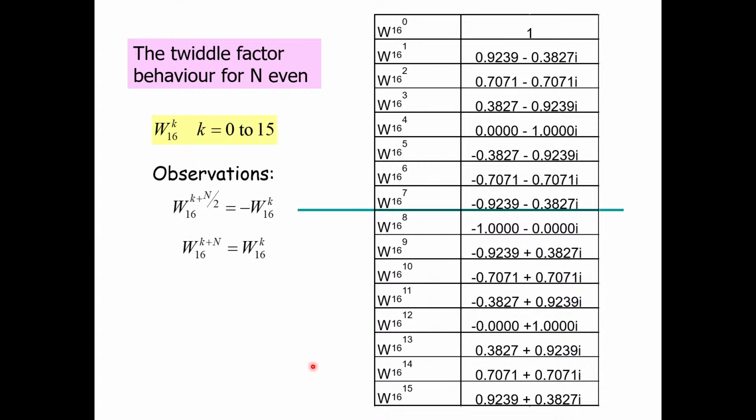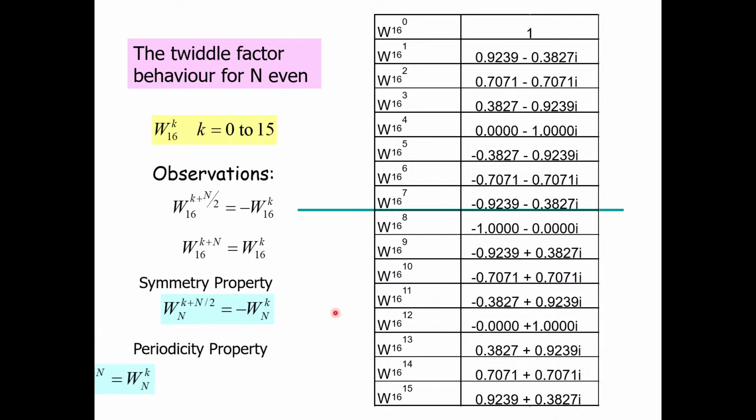So there's a symmetry property that is observed in this 12 factor behavior. And for any values that exceed this K, so let's say if we had W16 of K, where K is equal to 16, it just flips over entirely because of the periodicity property of the DFT. The symmetry property is given by this blue block here, which basically means that the first half of the 12 factor values are equivalent to minus 1 multiplied by the second half of the 12 factor values.